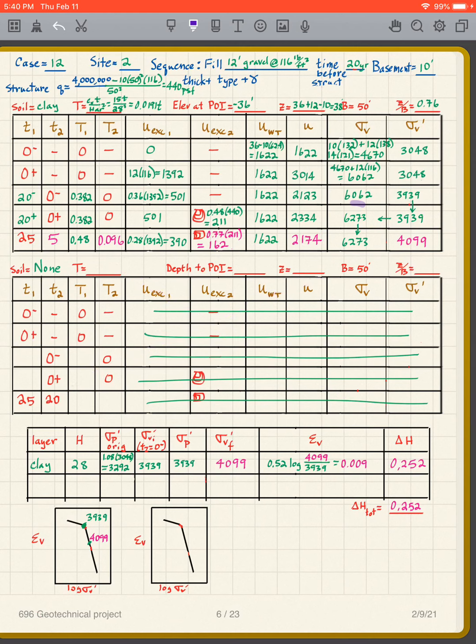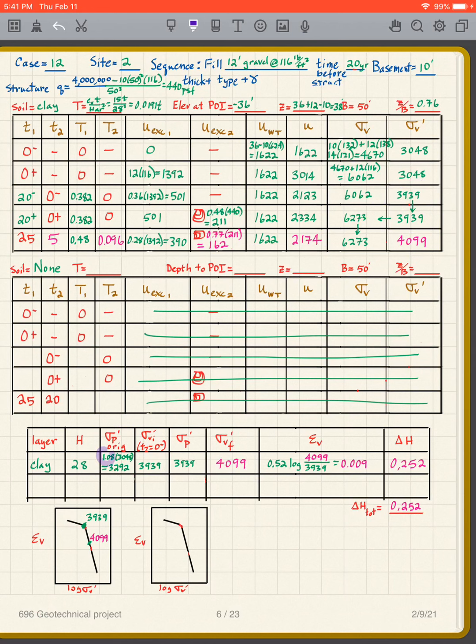And then I don't need to use that because there's only clay. I come over to here, and remember there's my sigma prime I. There's my sigma prime F. The only hard thing to get is the sigma prime P, so I have to think about that for a little bit. And so to get my sigma prime P, I get the original one, which is what?